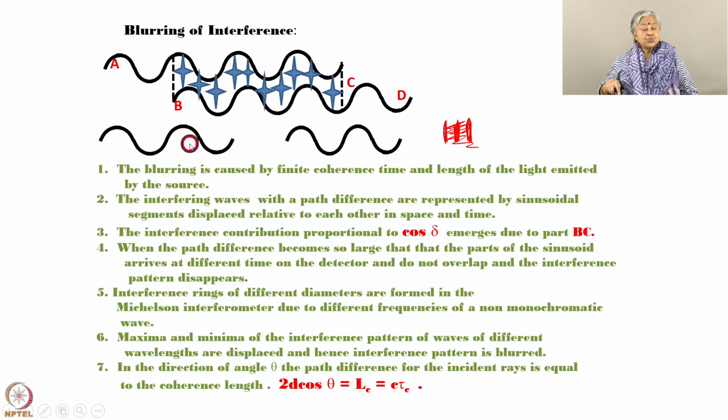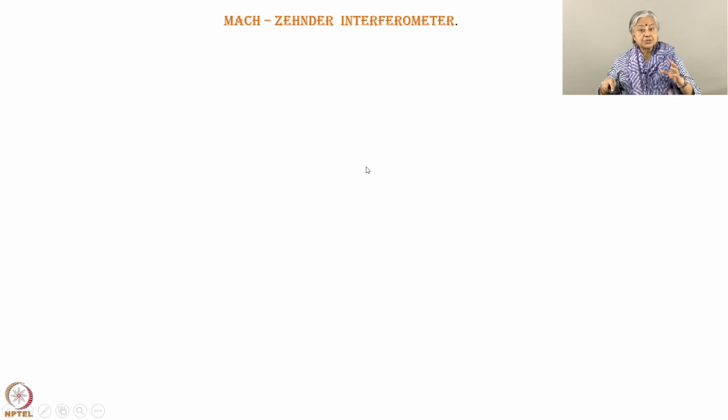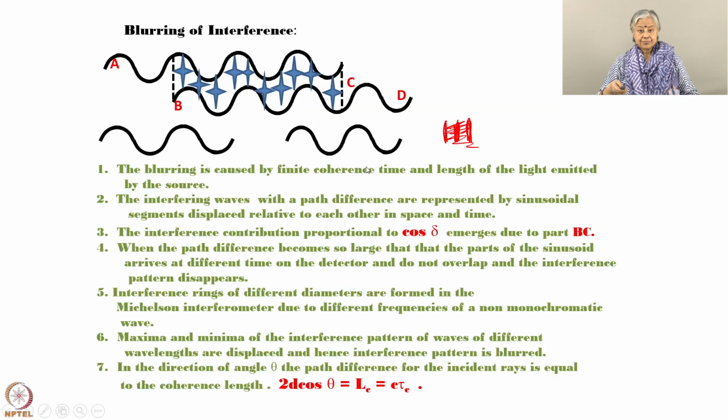So, now you will get an interference pattern only in this region between point B and point C. So, you will get it only during this time when these two waves have a phase relation between them. Okay. So, you are not going to get it before that.